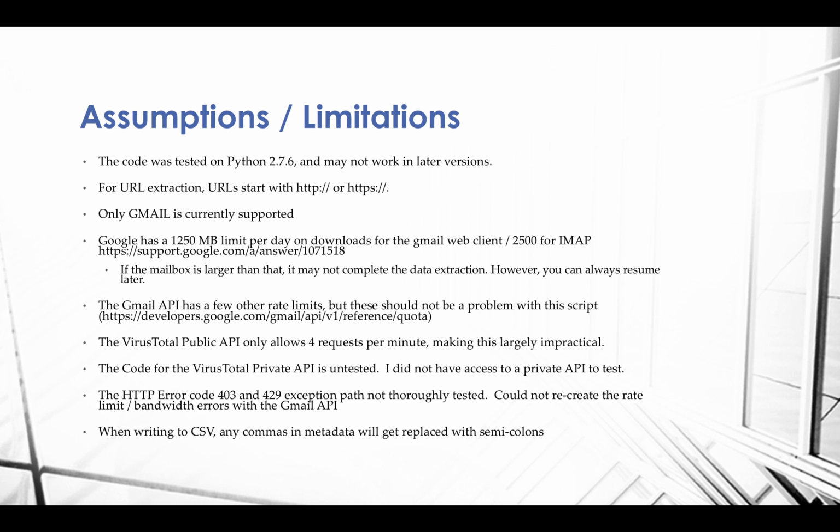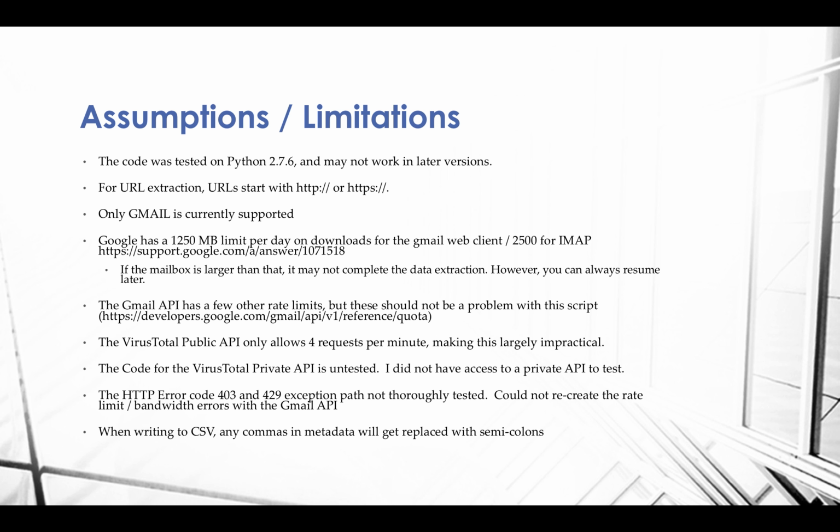But in theory, it should work if you had a private API. But again, with the public API, on the URL side, I had over 30,000 URLs for my NYU inbox, and at only 4 requests per minute, that really won't finish anytime soon. So it's more of a proof of concept. I'd highly recommend using a private API if you really want to use VirusTotal.